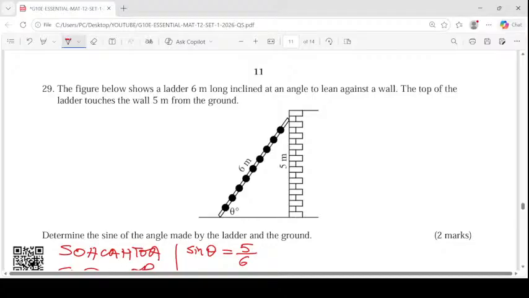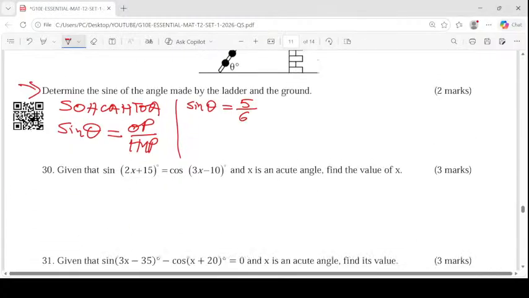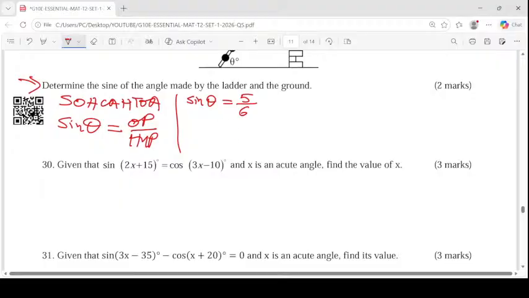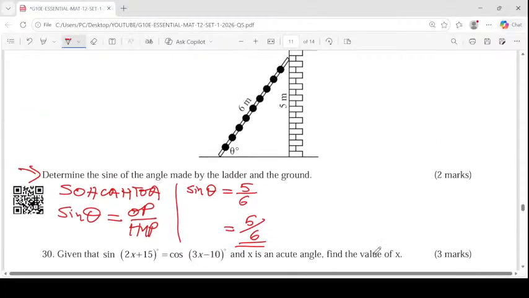Let us reread the bottom part. They are just saying, determine the sine of that angle. Sine of this angle is 5 over 6. So our answer is 5 over 6. They have not said determine the angle. I want you to be very keen. And that's how you respond to question number 29.